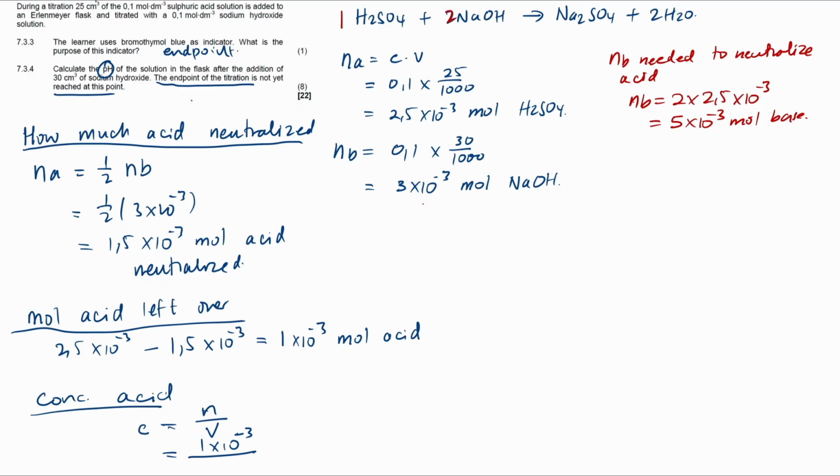It's sitting in a volume of 25 plus 30, which is 55. So 55 cm³ divided by 1000 to get dm³, and that's going to give us a concentration of 0.018 moles per dm³ of H2SO4.